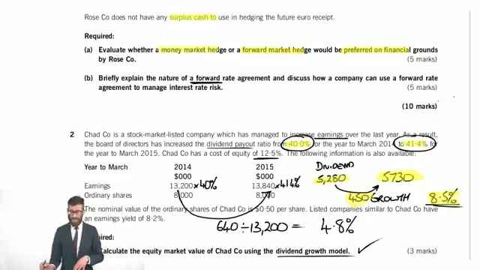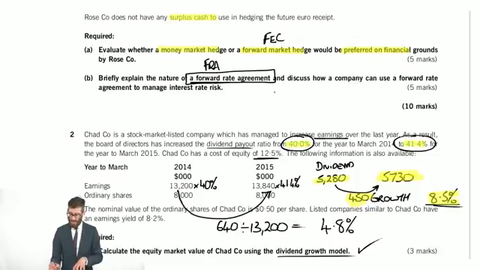They didn't read anything else, because had they read the question carefully, they would have realised that it was a forward rate agreement. That should have sent alarm bells: an FRA, not a forward exchange contract. A FRA is a forward rate agreement.